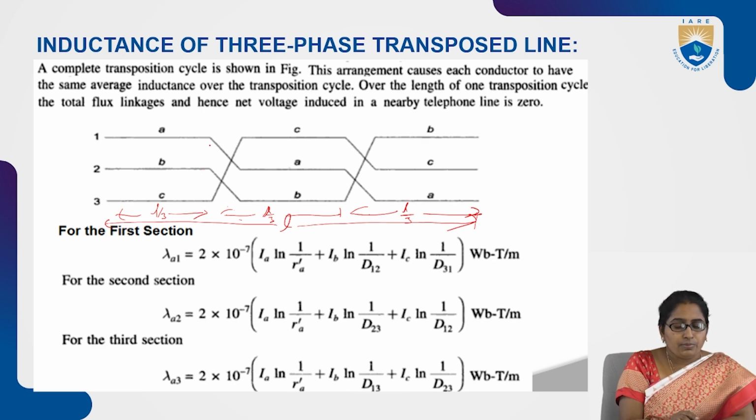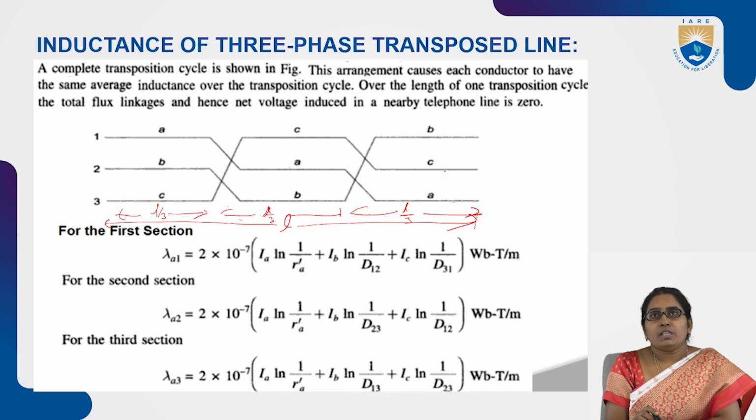In the first position, conductor A is there, in the second position B, and then C. In the next section, conductor A moves to the next place, then B moves to the next place, which is why it is shown like this. A comes one level down, B and C go up. In the next section, A comes down another level, B goes up, and C comes to the next level.